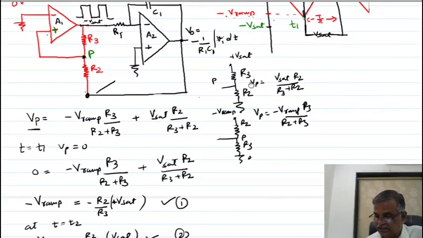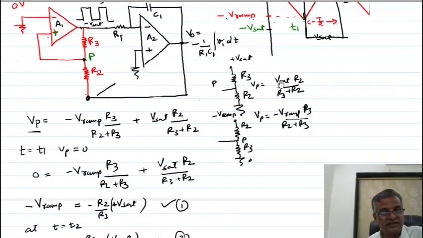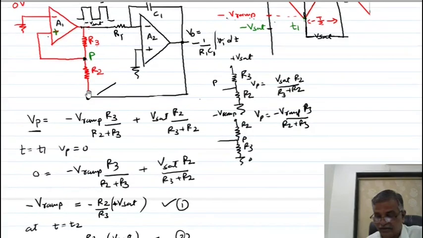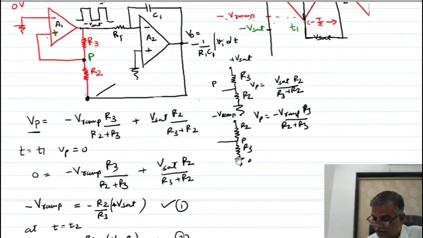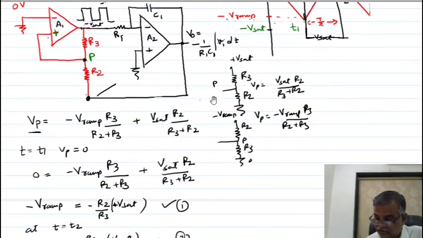So this is the potential at point P. Second, I have taken this voltage as minus V ramp and this voltage is 0. So minus V ramp I am showing at this point, so that I have shown here. You can see. And this is 0, meaning this is your 0. Second time, at that time I find the potential. Addition of these two is called the superposition principle.